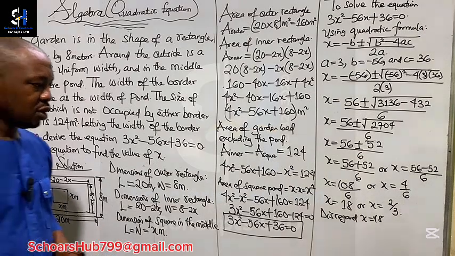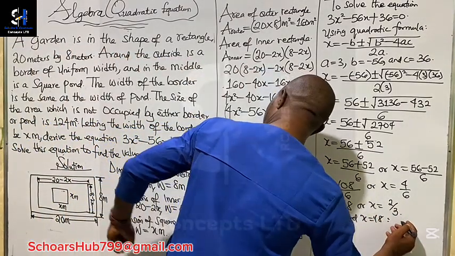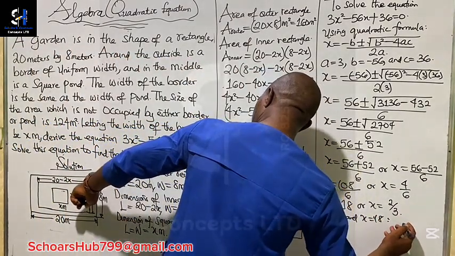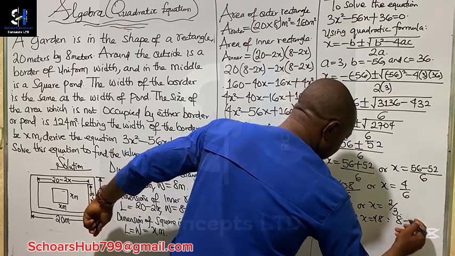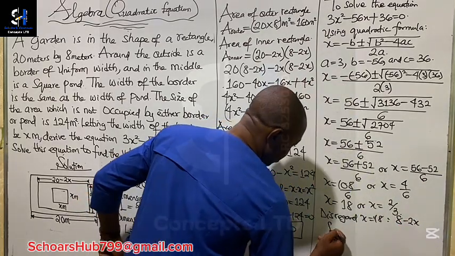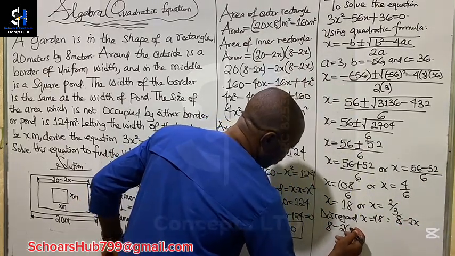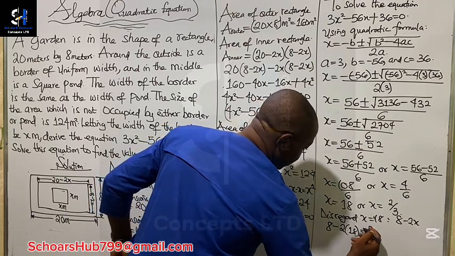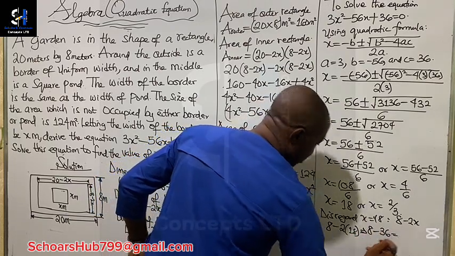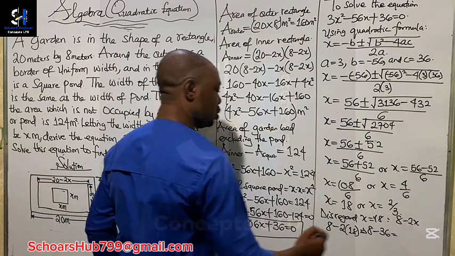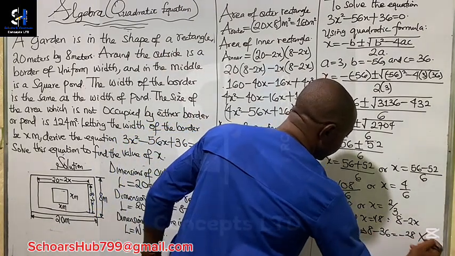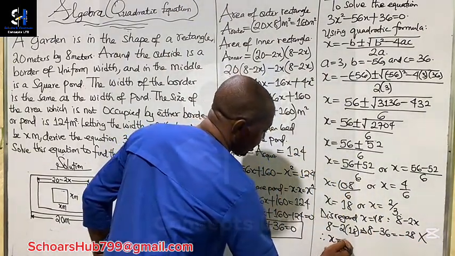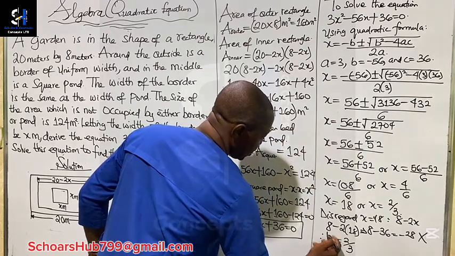When we plug it into 8 minus 2x, that will be 8 minus 2 multiplied by 18, that will be 8 minus 36, and that's going to be negative 28. So disregard this. The value of x is 2 over 3.